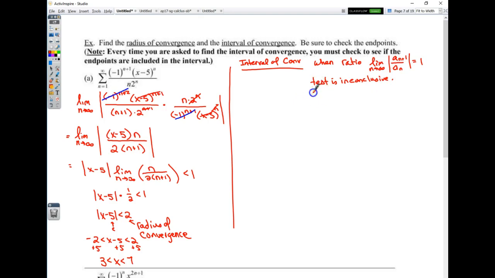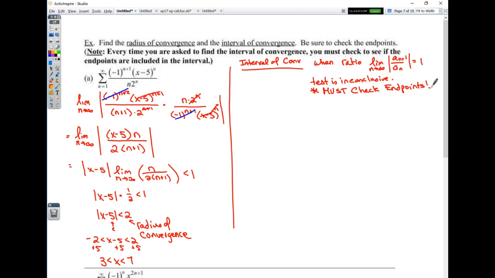The key thing here, we must check endpoints. How the heck do you check an endpoint? How do I check x is 3 to see if our series converges or not?